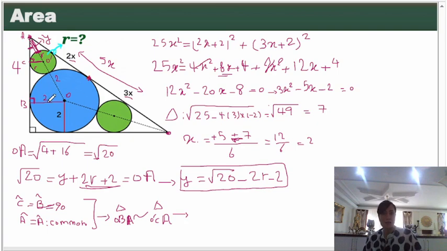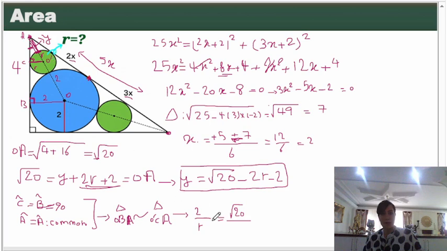So I can say OB over O prime C. So OB is 2, I write 2 over O prime C is R, over R equals, now I will go for hypotenuse. OA, what was OA? OA was square root of 20 over O prime A. What's O prime A?